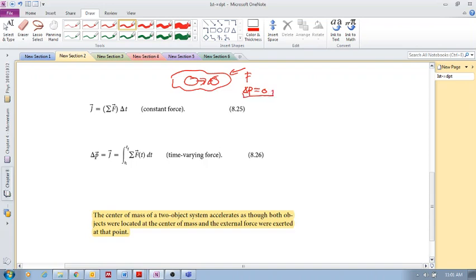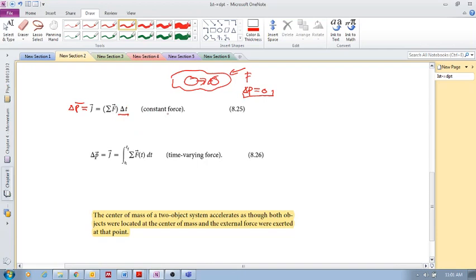Essentially the change in momentum is your impulse. Delta p is your impulse, your J, which is your change in momentum, which is simply the sum of the forces applied on the system, the external forces, over a specific time period.